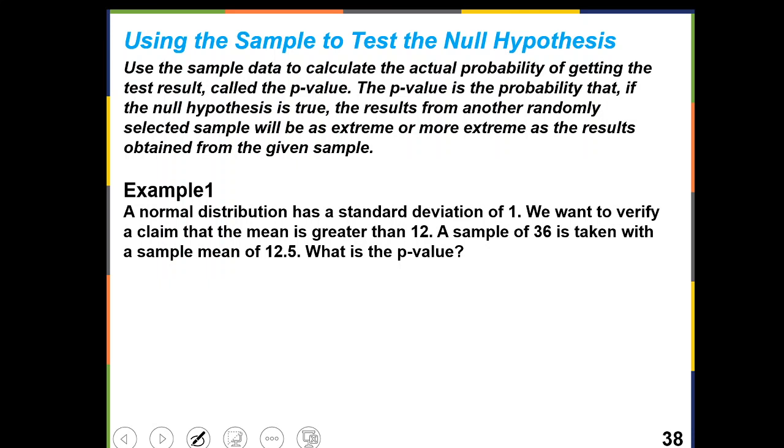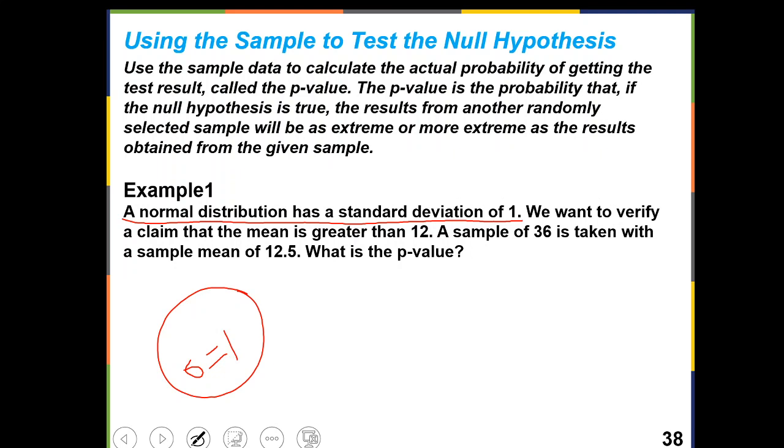What is the p-value? Well, again, we have to see what's going on here. The normal distribution has a standard deviation of 1. So the standard deviation is given, right? Now, we want to verify a claim that the mean is greater than 12.